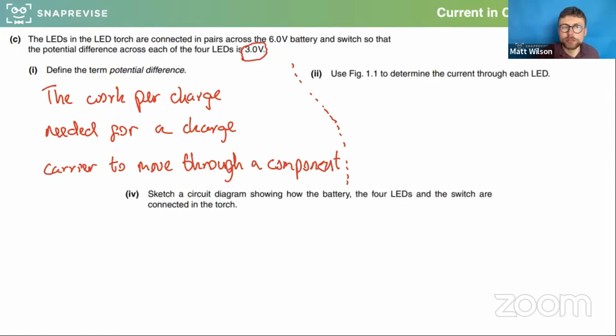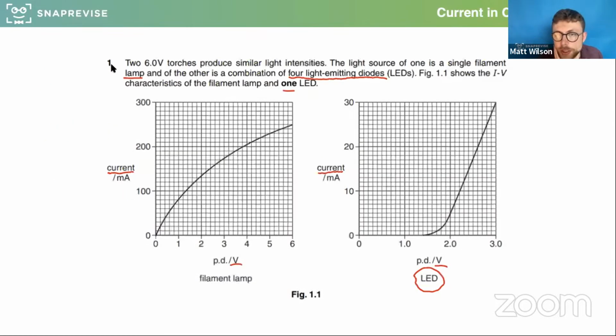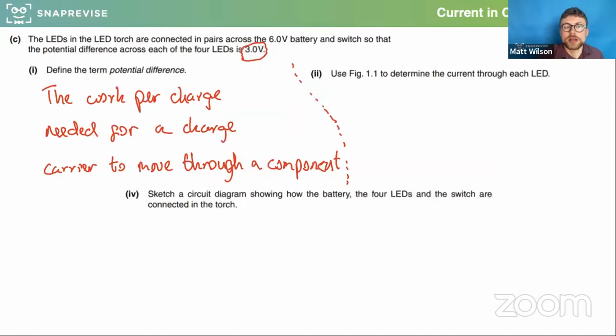We were given a graph of current against voltage. We know the voltage is 3. Where's 3? 3 is over here. Good. So then what's the current? Well, at this point here, when we have 3 volts, the current is 30. And always be careful with the units. They can often catch you out. This is not amps here. This is milliamps. Okay, good. So the answer here is 30 milliamps.